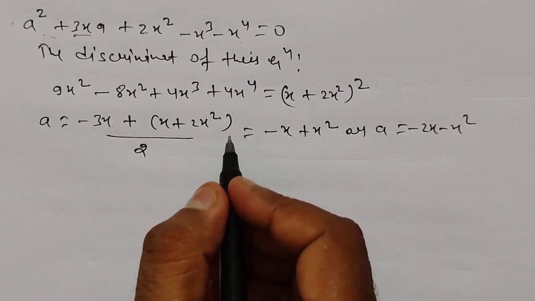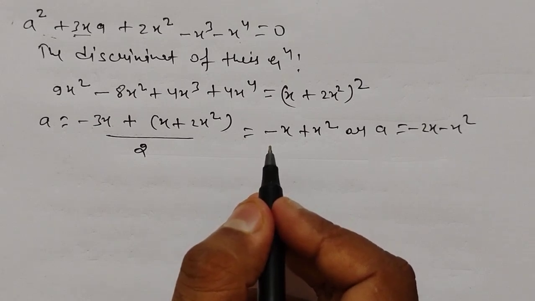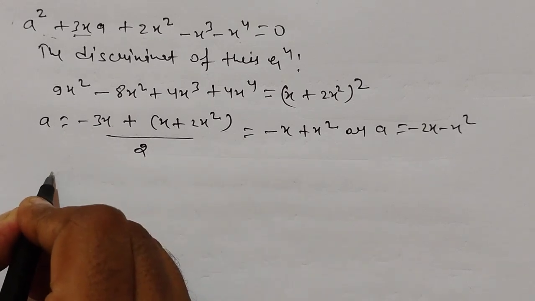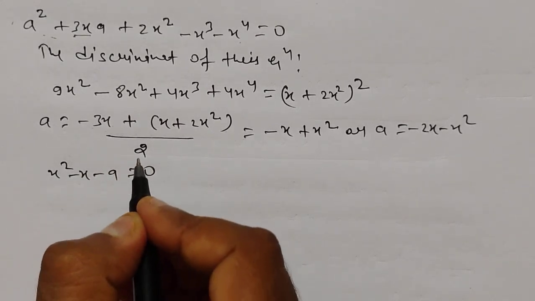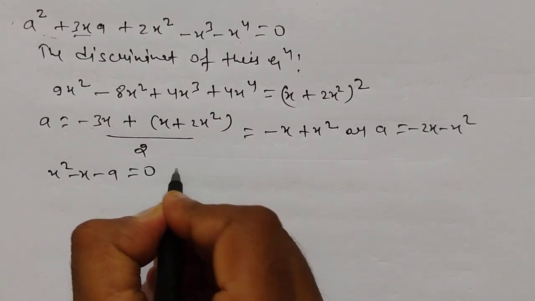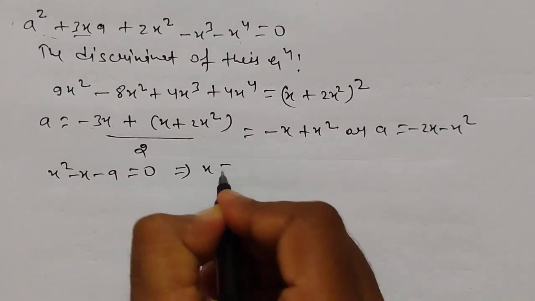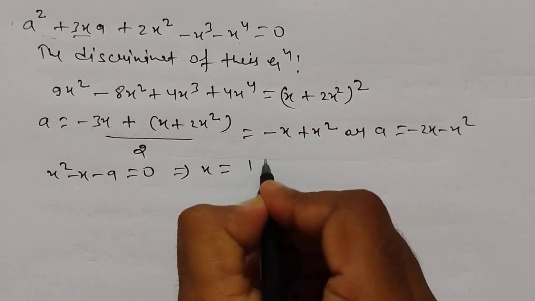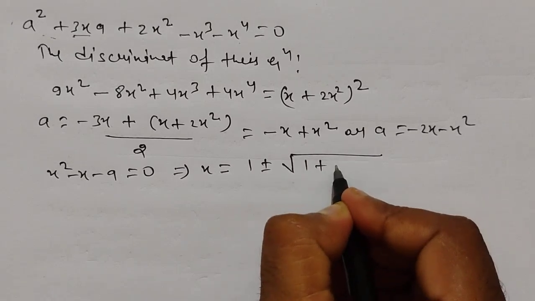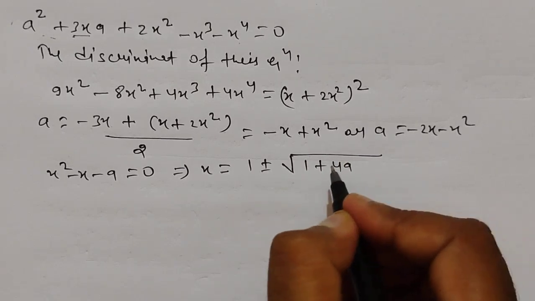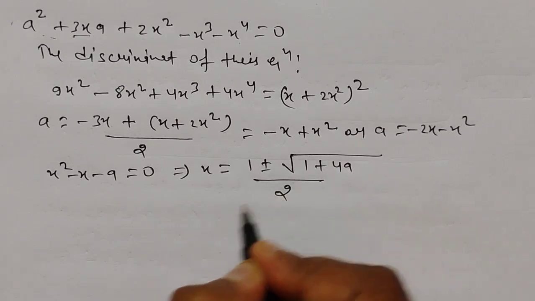which gives the quadratic equation in the form x square minus x minus a is equal to 0, and the solutions in terms of x are x equal to minus b plus minus under root b square minus 4ac, which means 1 plus minus square root of 1 plus 4a, by 2.